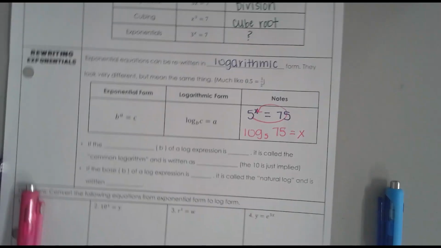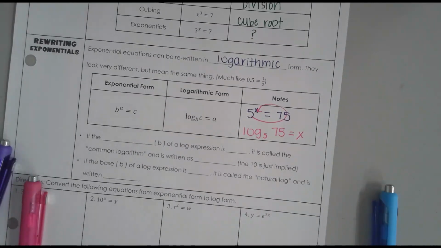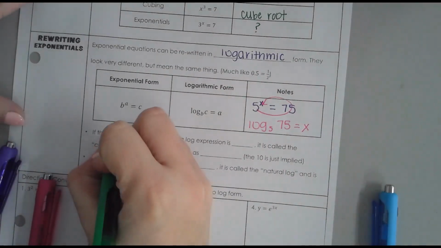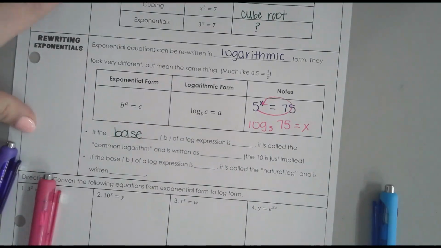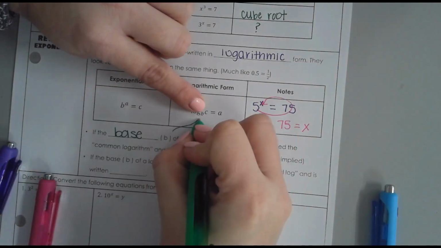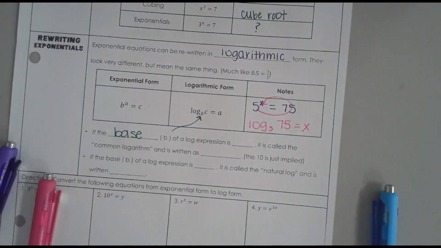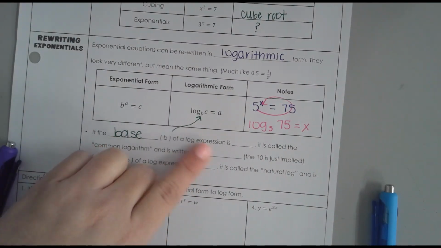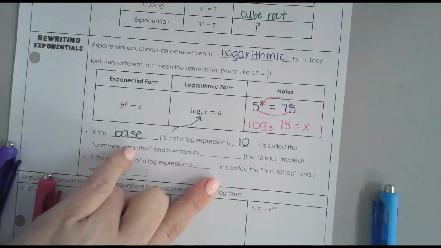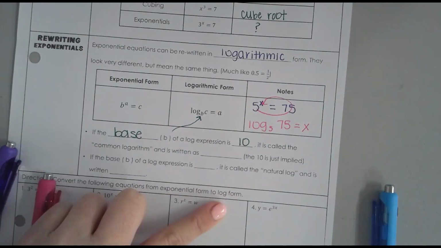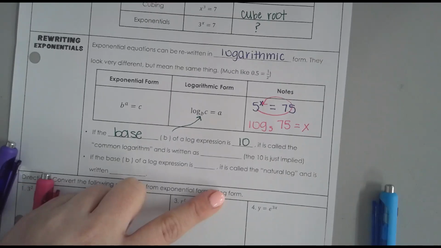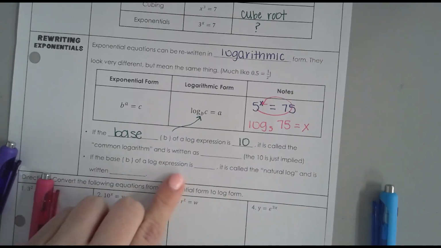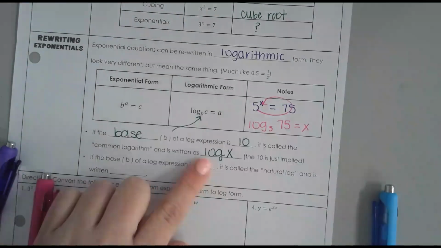Here's a couple of things that you need to know. Number one, if the base of a log, so we say log base some number, that's how we read it. Log base 2, log base 3. If that base is 10, kind of just the general one, we normally don't put that 10.